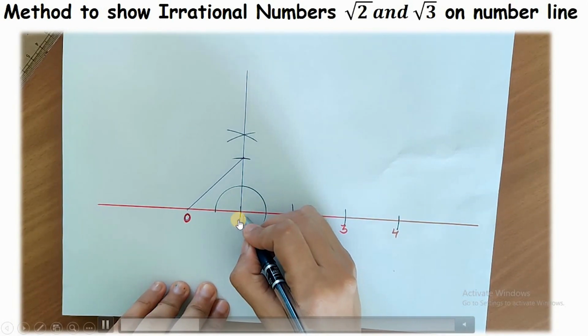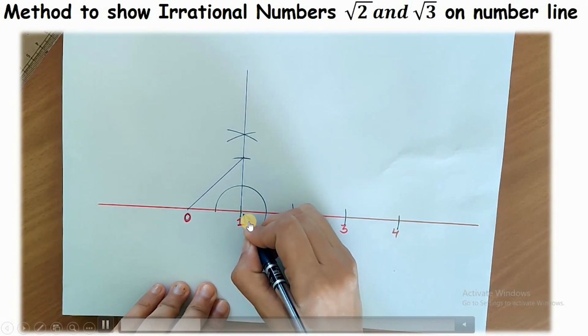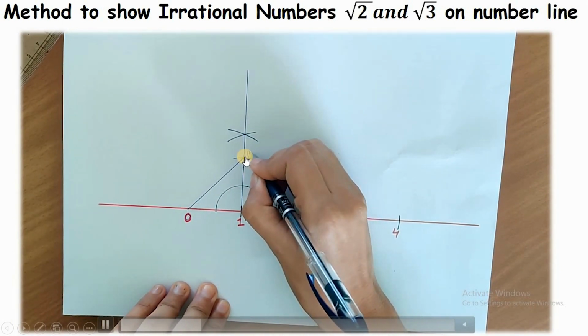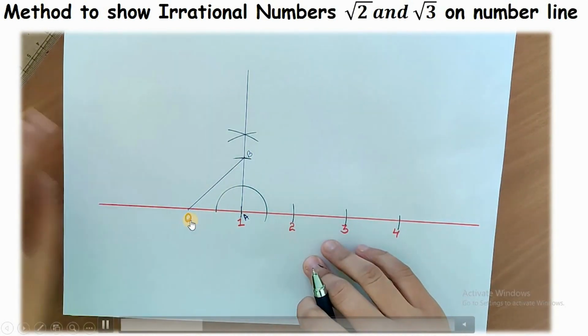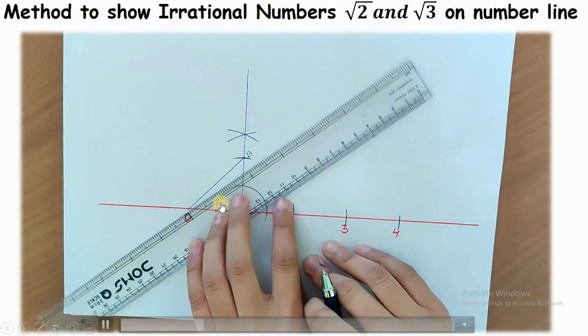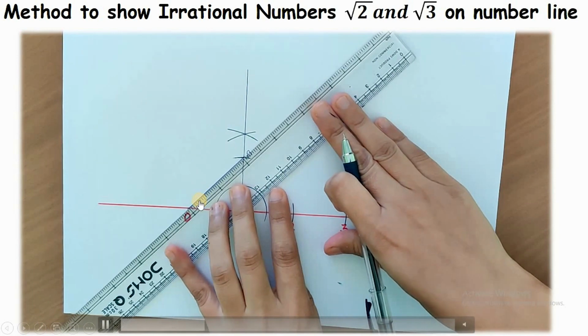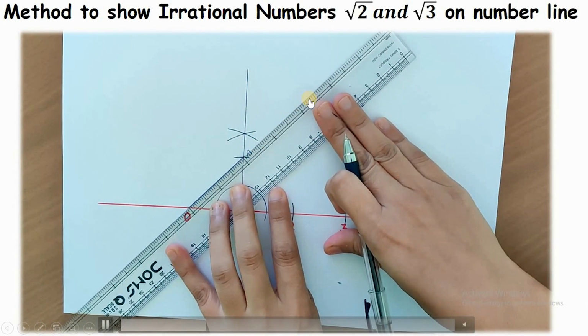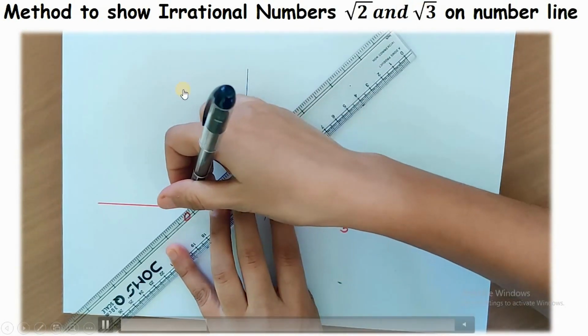And we'll name this point as A and this as B, and 0 let it be O. And we'll extend this line so that we can continue drawing root 3 and so on.